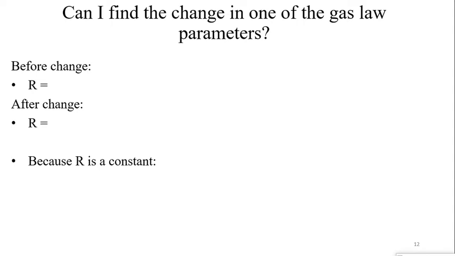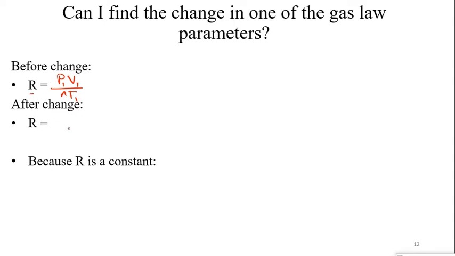Now, can I find the change in one of the gas laws parameters? To be able to do that, let's look at R. Like we said before, R is a constant, so R before the change of the volume or the temperature or the pressure of any gas would be equal to PV over nT. So I could say before change it will be equal to P1 V1 over n T1.